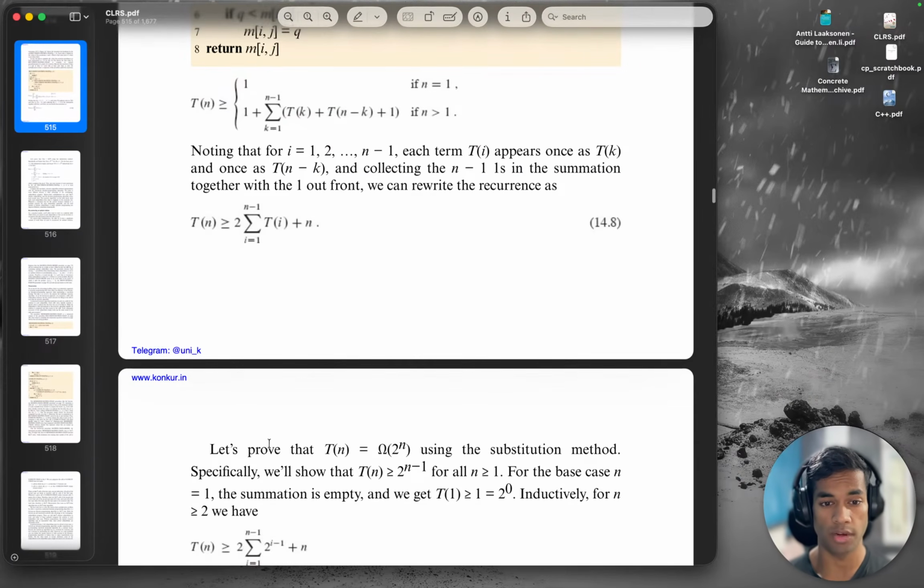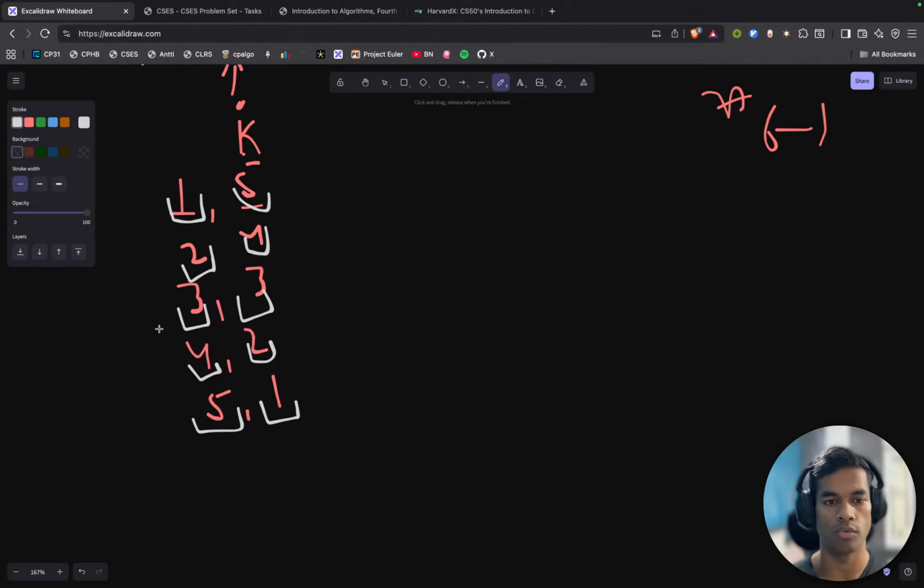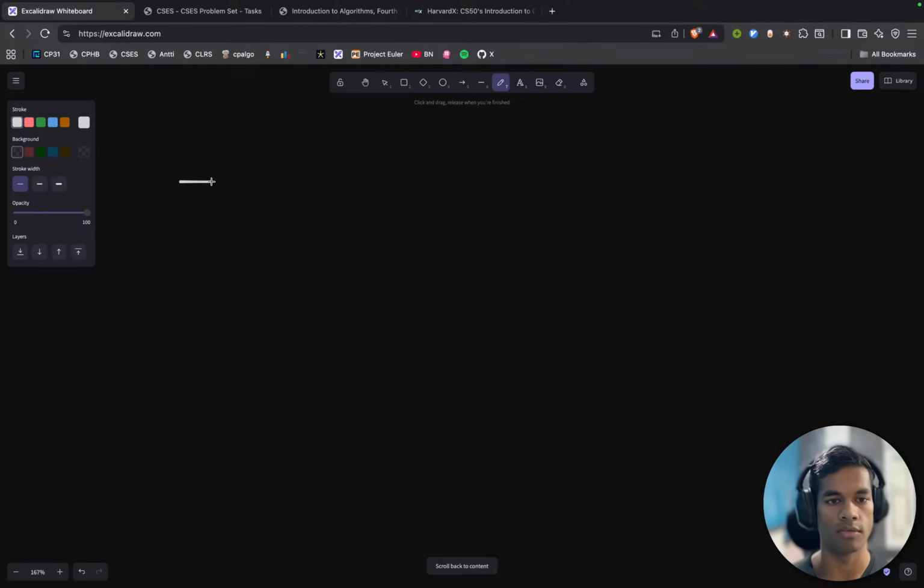Now we are trying to prove that Tn equals omega n square. Let's try to prove it by ourselves.